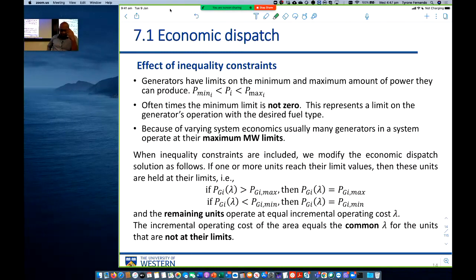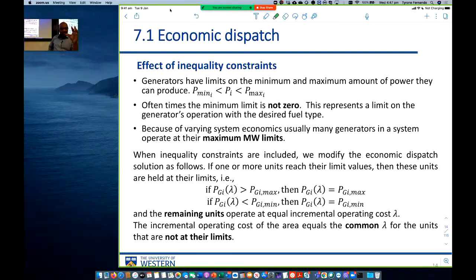When inequality constraints are included, we modify the economic dispatch solution as follows. If one or more units reach the limit value, then the units are held at their limit value. In other words, if a particular generator reaches its maximum, we just hold it there. We don't try to increase more than that.